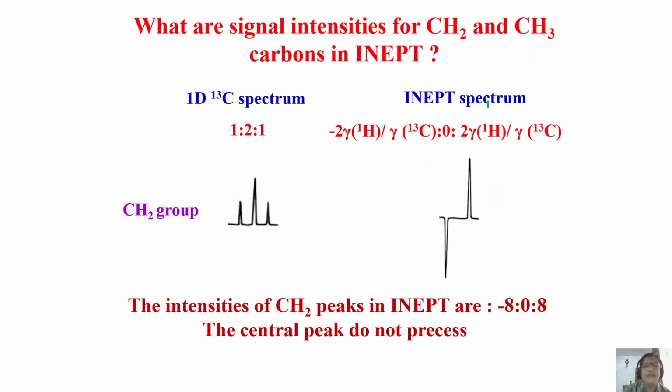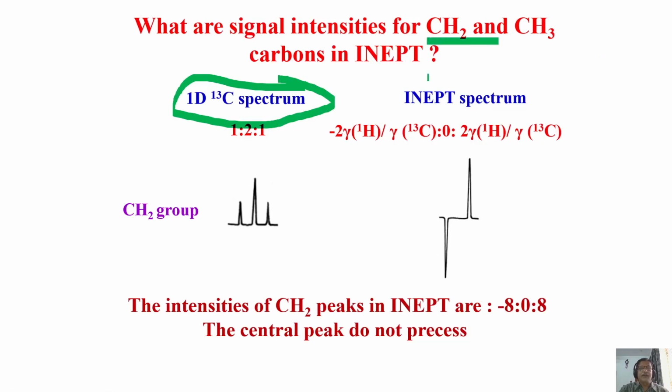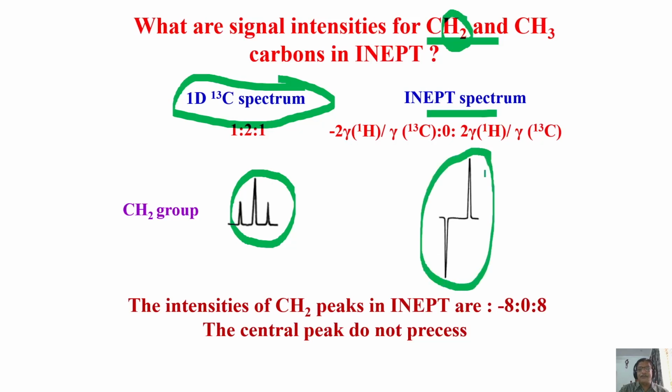Now you look at the intensity pattern for different signals. In the conventional carbon-13 1D NMR, what is the pattern for CH2? Carbon coupled to 2 equivalent protons is a triplet. No doubt about it. We know that. Whereas in the INEPT case, we get a characteristic signal like this. Why?